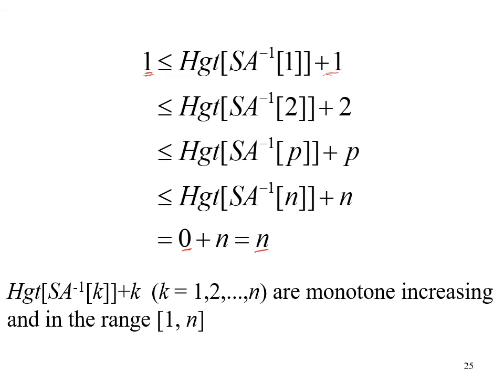So there are n numbers between 1 and n. This is a monotone increasing sequence in the range 1 to n, and there are n numbers. So we can compress it into 2n bits.